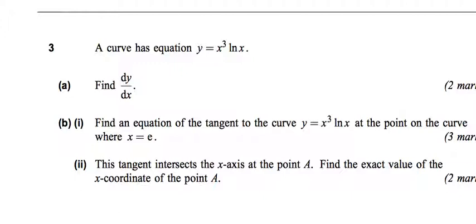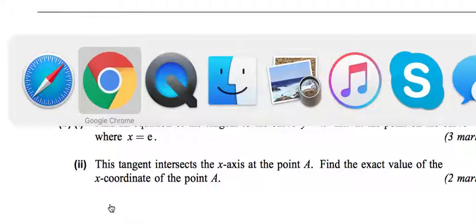That's going to give a straight line equation, so y equals mx plus c, and the gradient was something like 4e squared. This tangent intersects the x-axis at the point A, find the exact value of the x-coordinate of the point A. So here it's classic algebra, trying to find out where two lines cross.